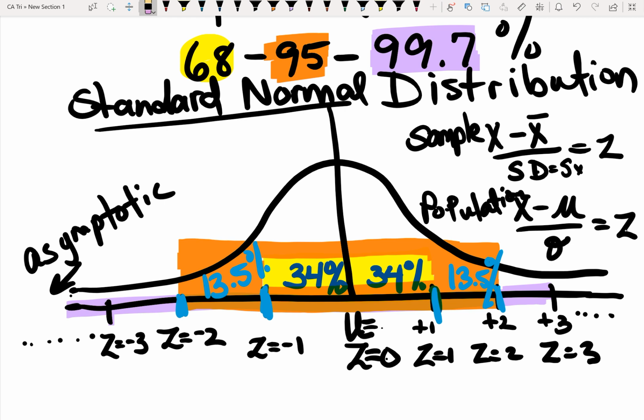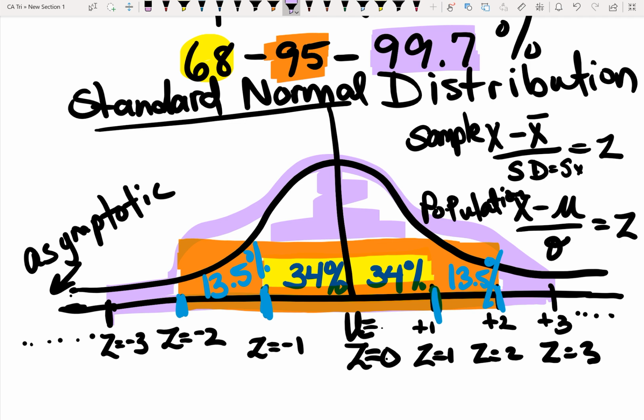I'm trying to erase the lavender because I went too far on the eraser. Maybe I'll just erase that part. There we go. Alright. So anyway, just from the negative 3 to the positive 3, meaning that all of this area from the negative 3 to the positive 3 is 99.7% of the data.